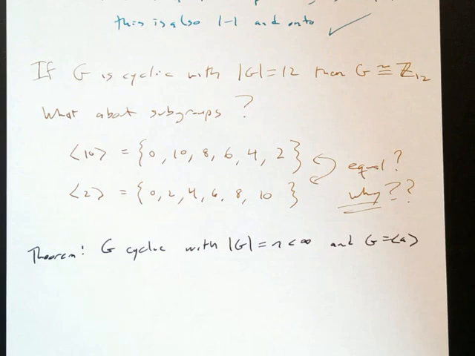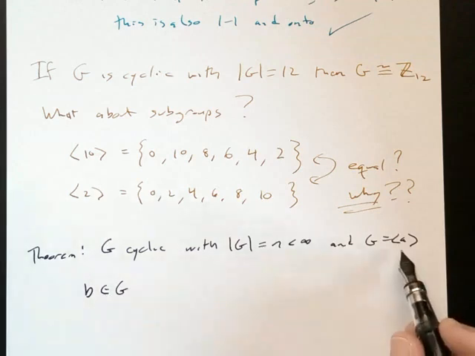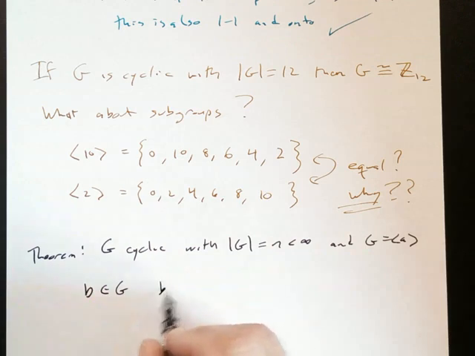Let's consider a cyclic group of finite order and then pick something, b, in the group. Since the group is generated by a, b is a to some power, a^s.